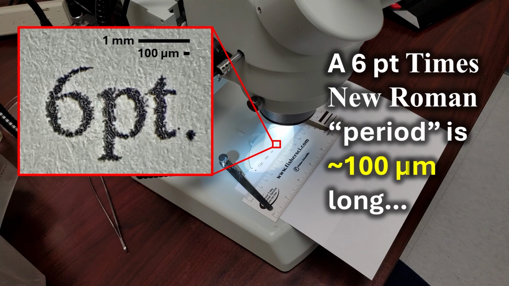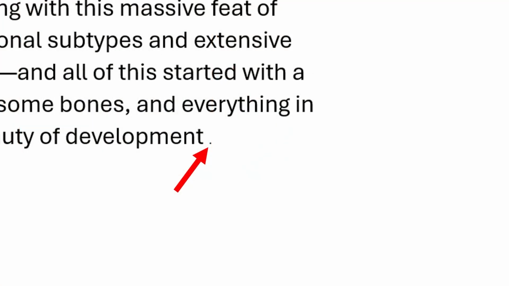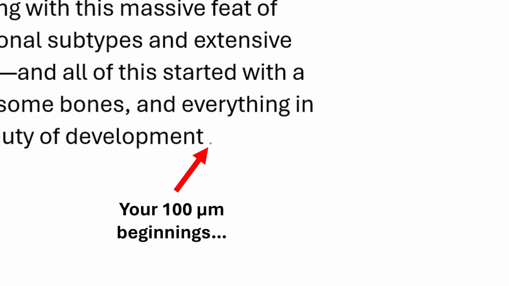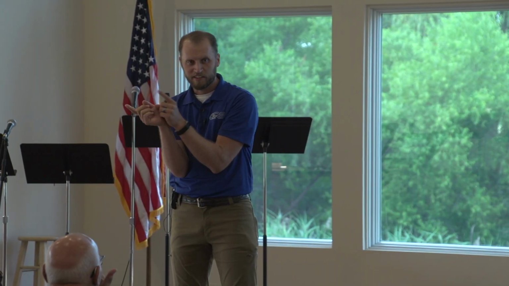That is, to me, the most amazing thing on that paragraph, because this is how you started your life, as a single fertilized zygote. That was 100 microns in diameter. So, take a look at the person next to you.